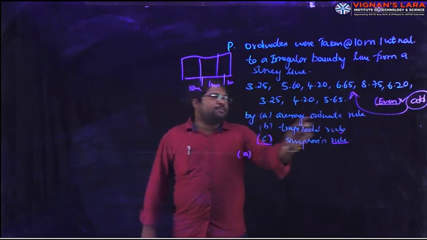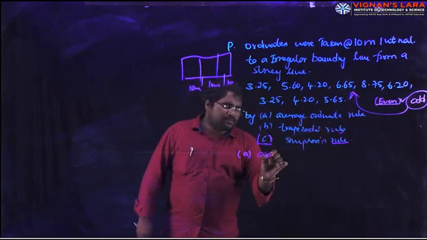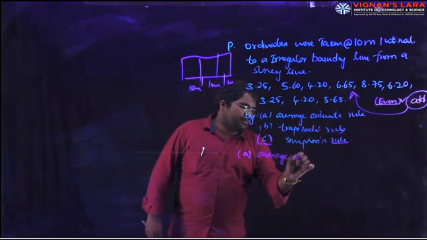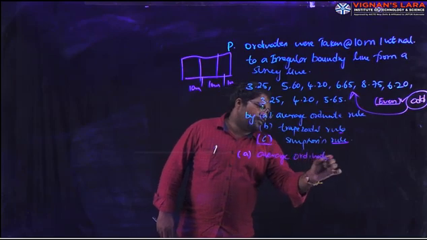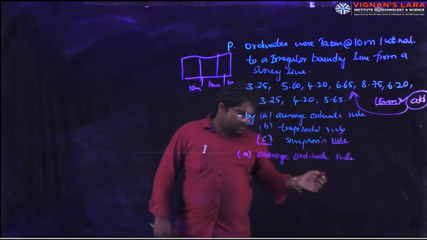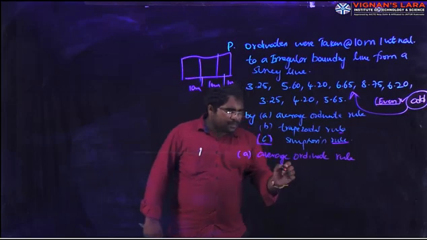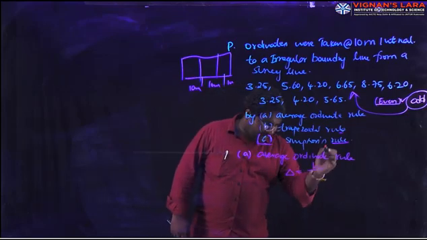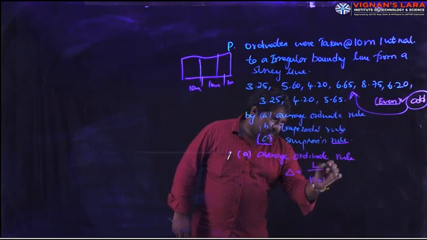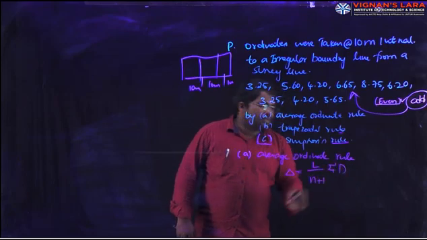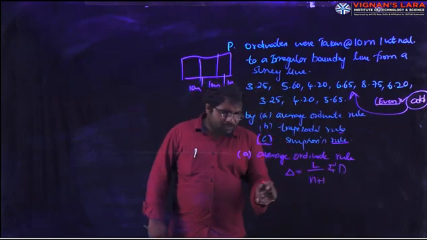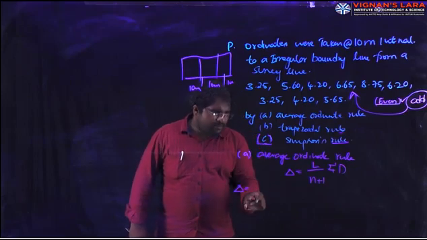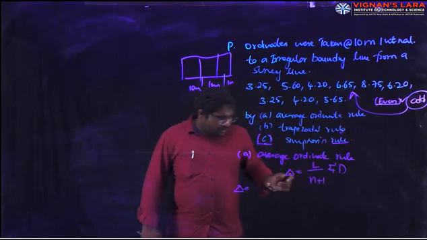Coming to the first method, the average ordinate rule. According to this, area equals L by (n plus 1) into the sum of the ordinates. What is the total length?